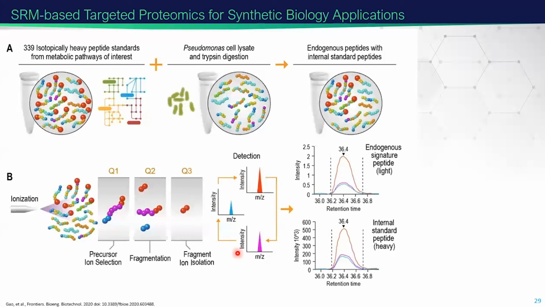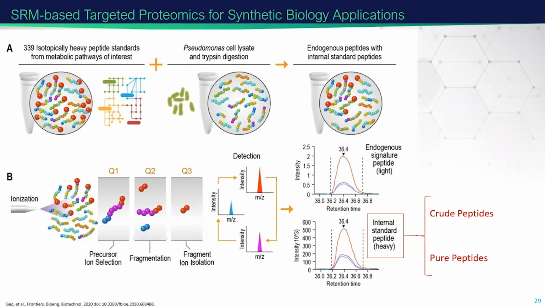Then you screen all the transitions, all the molecular ion and fragment ion pairs, and you get the intensity over time. You can use the ratio between the peak for the endogenous peptide and the peak for the internal standard peptide as the quantification in this case.